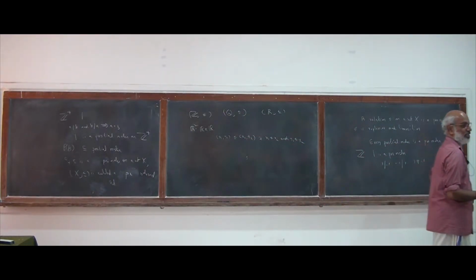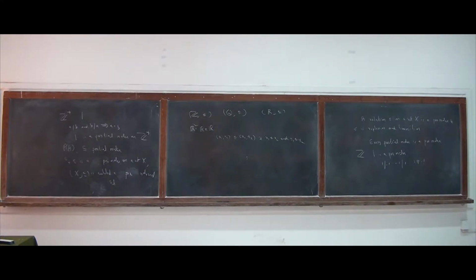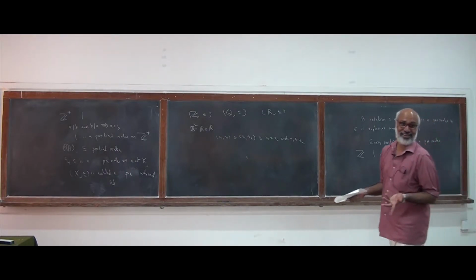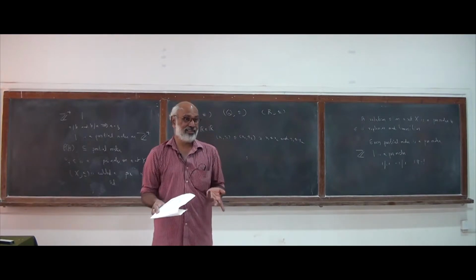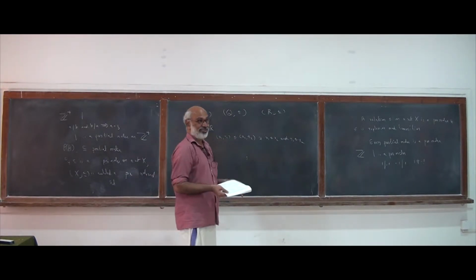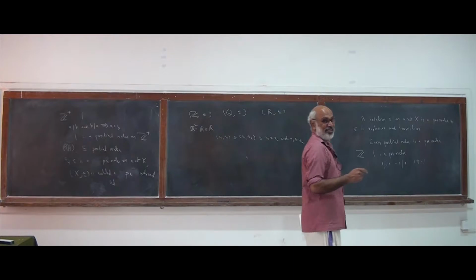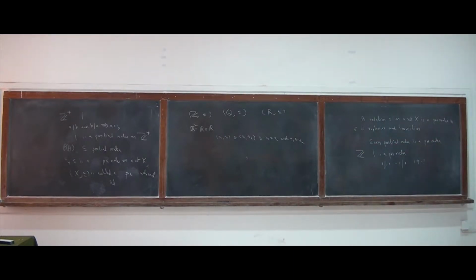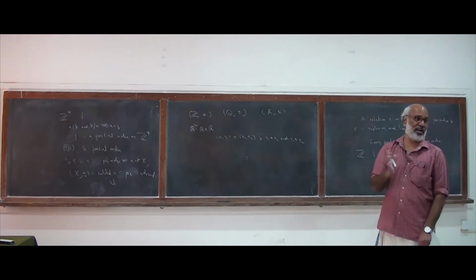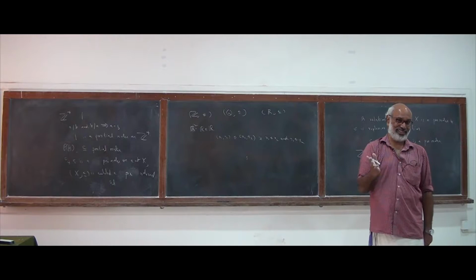And since complex numbers are nothing but ordered pairs of real numbers, the same partial order can be defined on complex numbers. But most of the time we will not be using this partial order on the complex numbers because this particular order and the algebraic operations of the complex numbers do not have any compatibility.